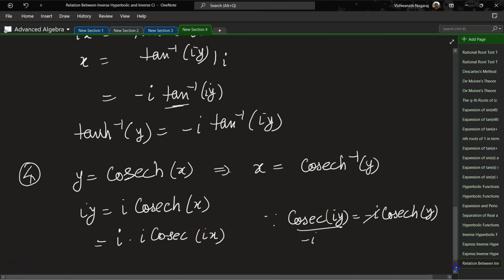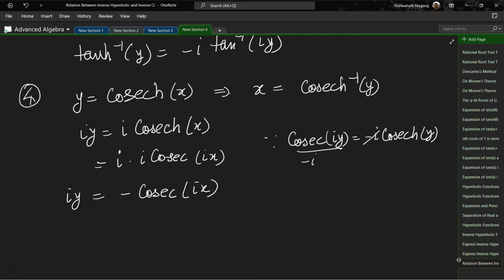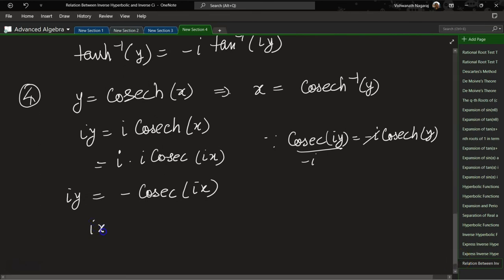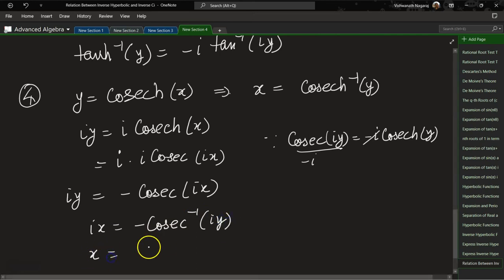Okay, now i times i gives us i squared, minus 1, so cosec ix is equal to iy, which means we can reverse it and say ix is equal to minus cosec inverse of iy. Okay, now which means x is equal to minus cosec inverse of iy divided by i.